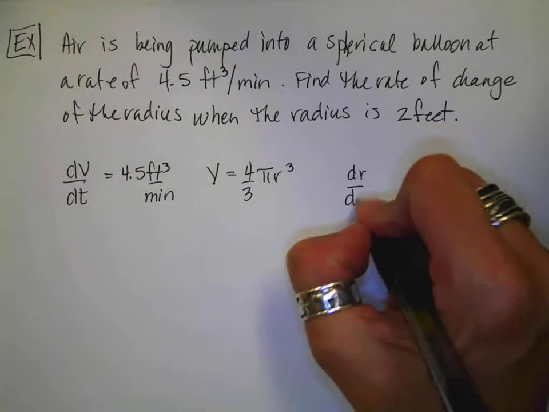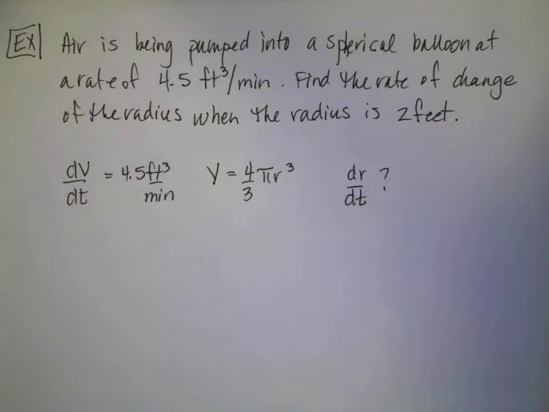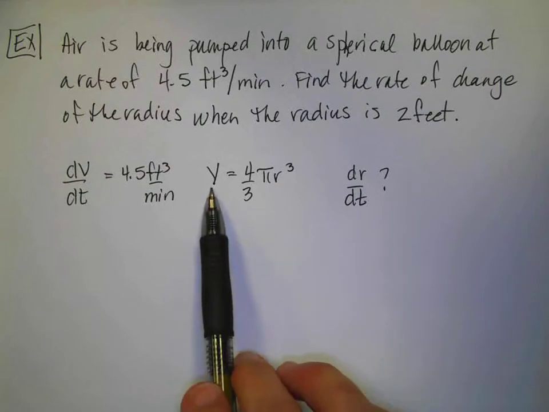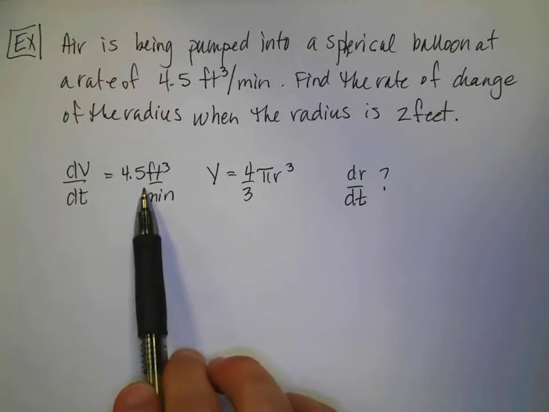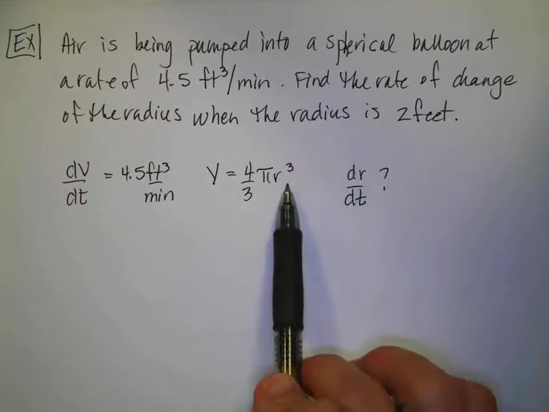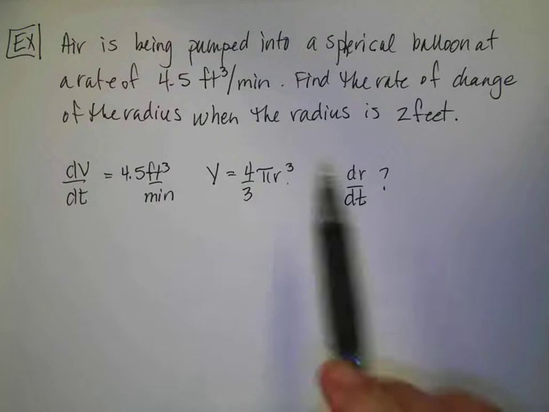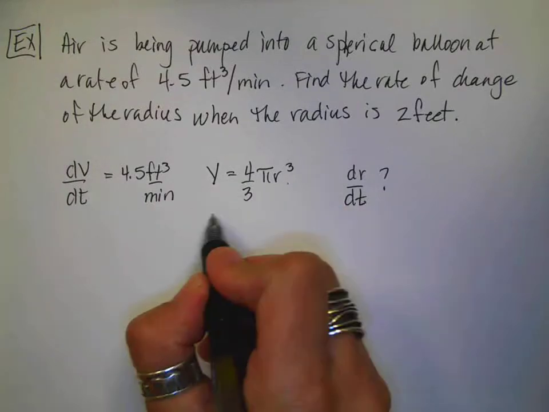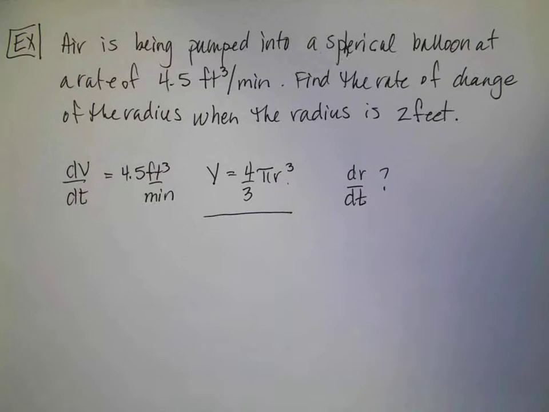And then I want to find the rate of change of the radius. I'm looking for dr/dt. If you look at the information that you've been given, I can take the derivative of the volume, I know that number, and I know a specific radius, and I'm going to get a dr/dt, so this one's actually fairly straightforward.